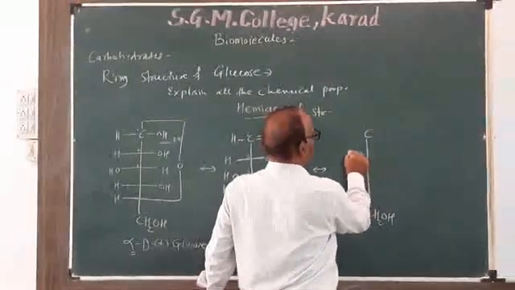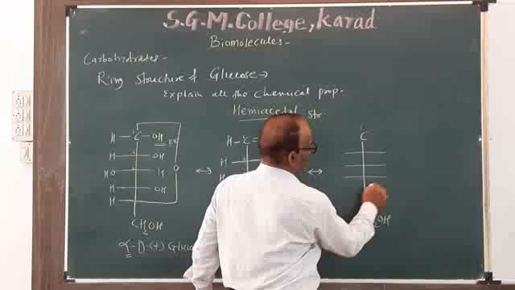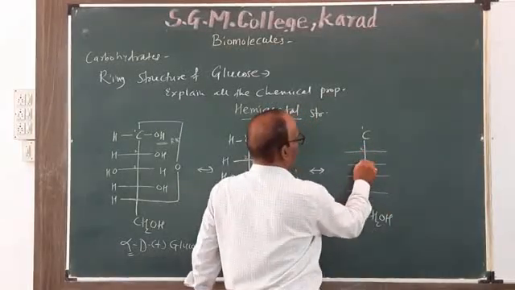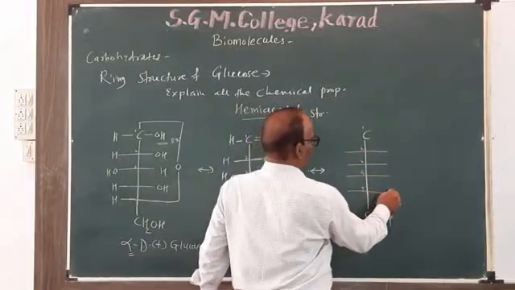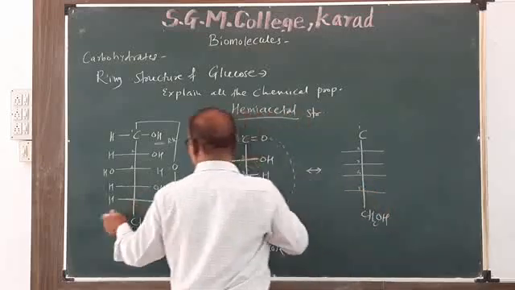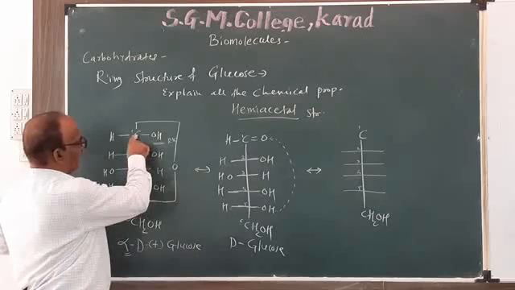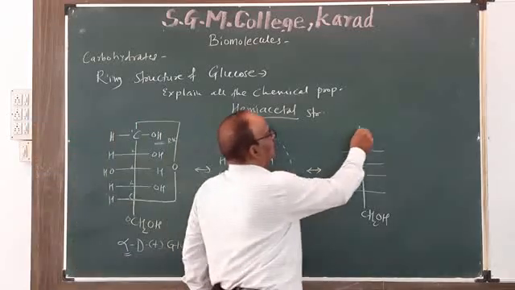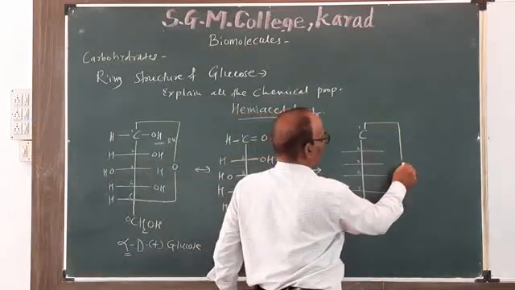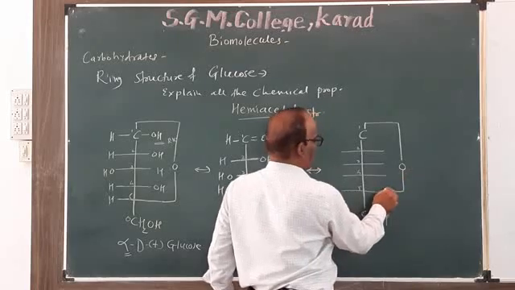This is first carbon, second, third, fourth, and fifth. Between carbon 5 and 1 there is an oxygen.